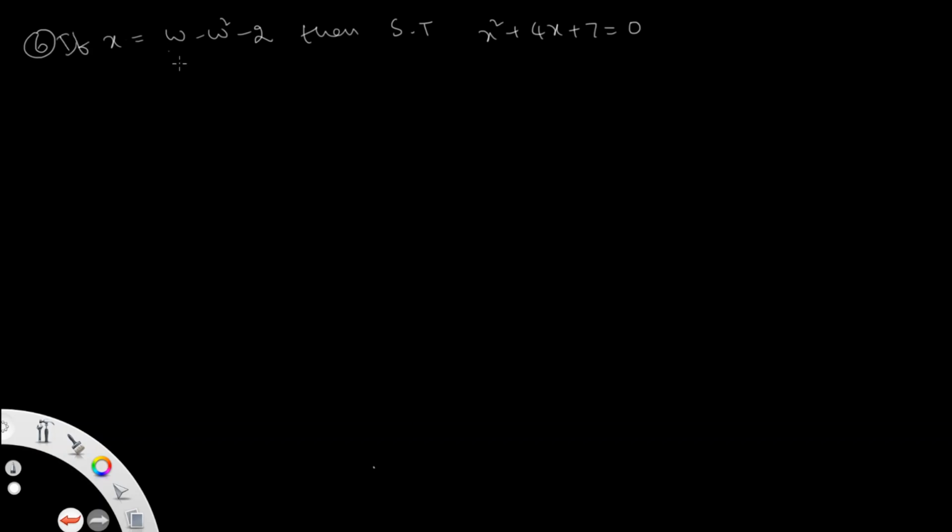Given x equal to omega minus omega square minus 2, I am taking x plus 2 equal to omega minus omega square. Now squaring on both sides, x plus 2 whole square equal to omega minus omega square whole square.